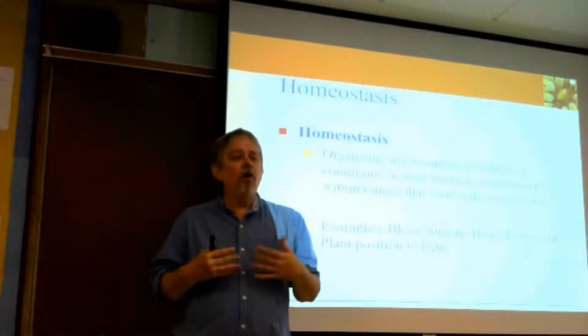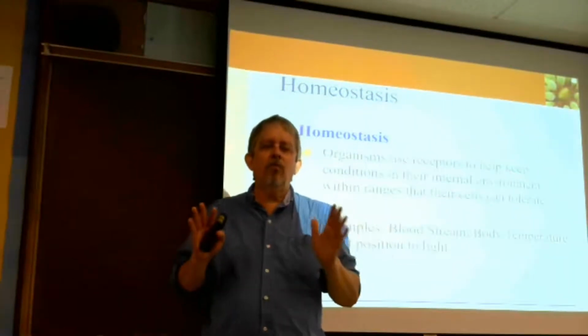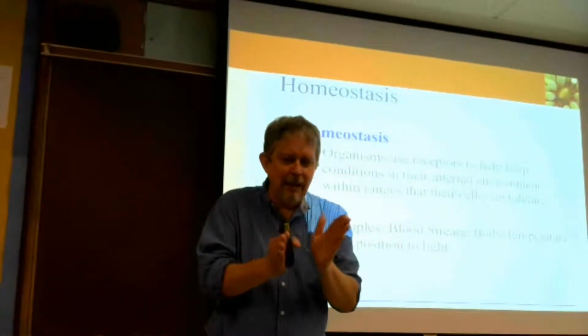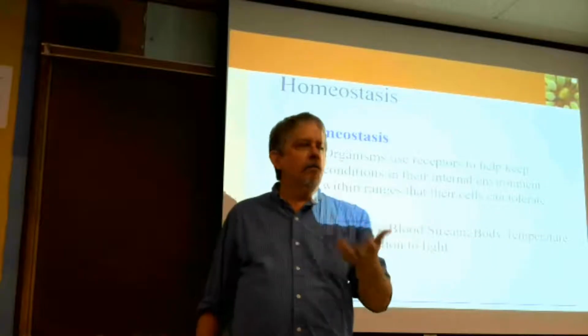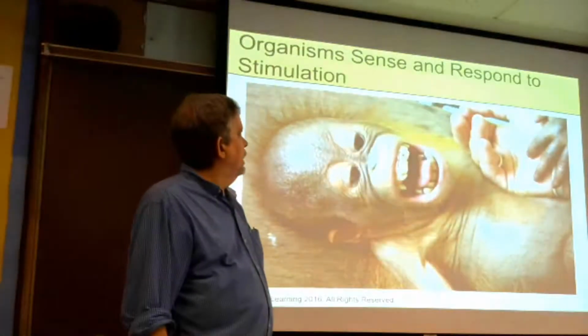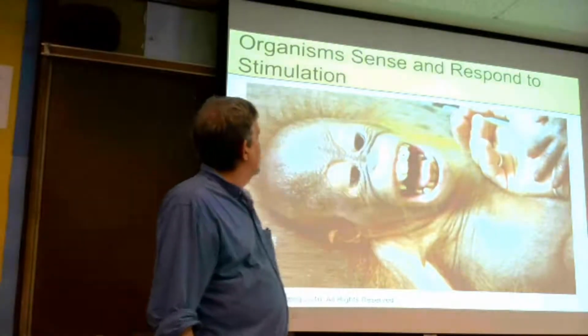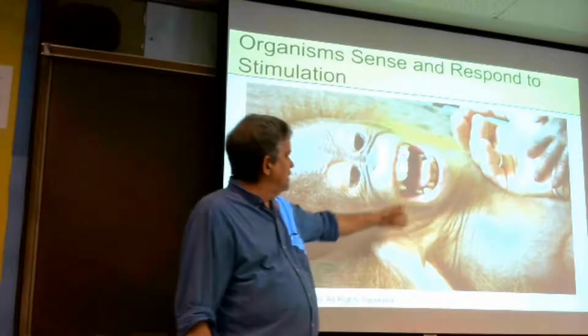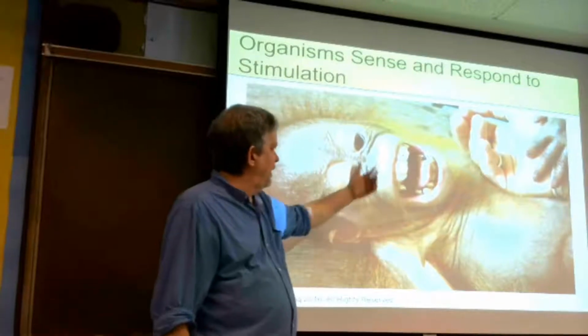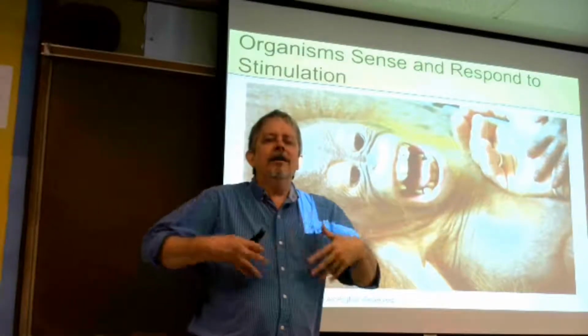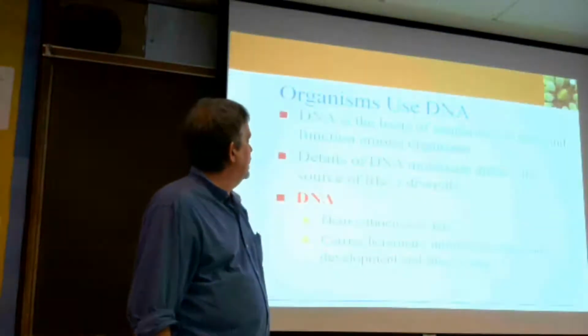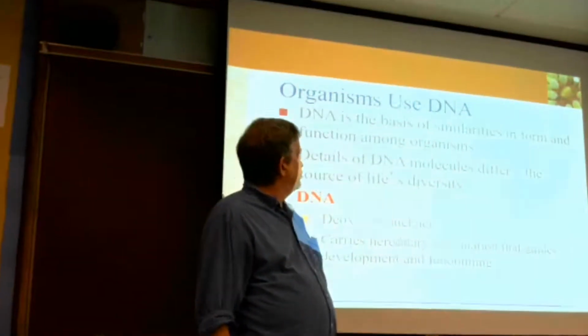And so homeostasis is a great thing. You want to keep everything at precise levels that is best for life to continue. Here is a baby orangutan responding to stimulus. Actually, this person was tickling him, and the orangutan was laughing. So, yeah, living things respond to stimulus.